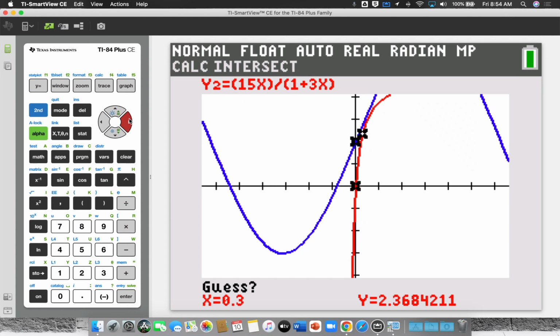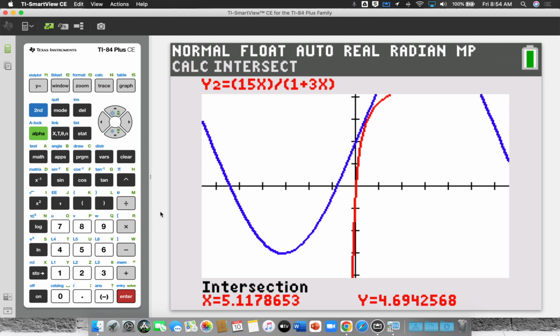My best guess as to where they cross is probably somewhere off the graph. That's where they cross. You don't technically need to see where they cross. The calculator can see that. You can zoom out if you want, but that's where, right?